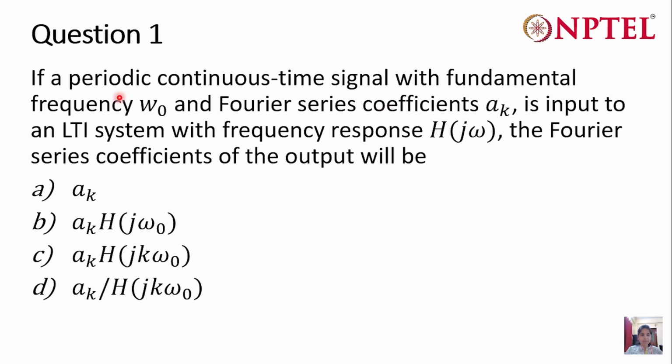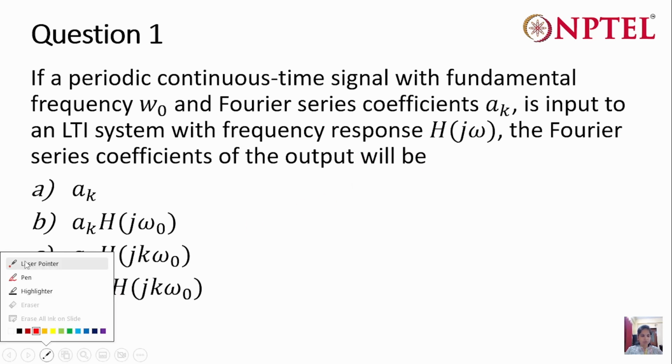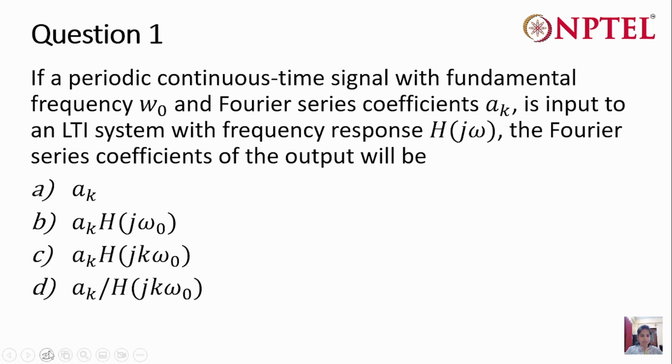First question: if a periodic continuous time signal with fundamental frequency omega naught and Fourier series coefficients ak is input to an LTI system with frequency response h of j omega, then the Fourier series coefficients of the output will be dash. So we have an LTI system.